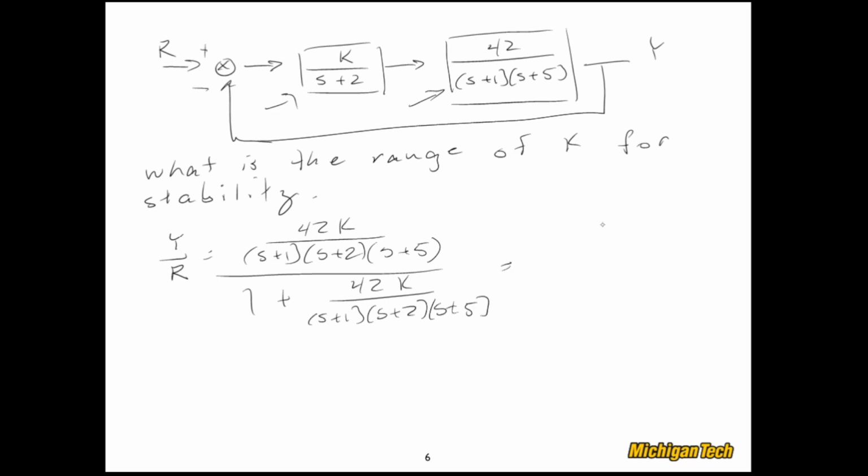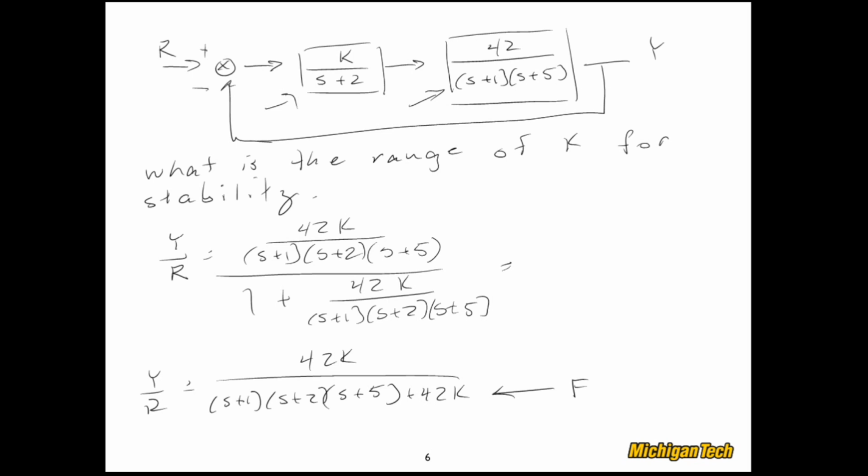And if I multiply everything out, I'll get 42K divided by (S plus 1)(S plus 2)(S plus 5) plus 42K. And that's my characteristic equation.